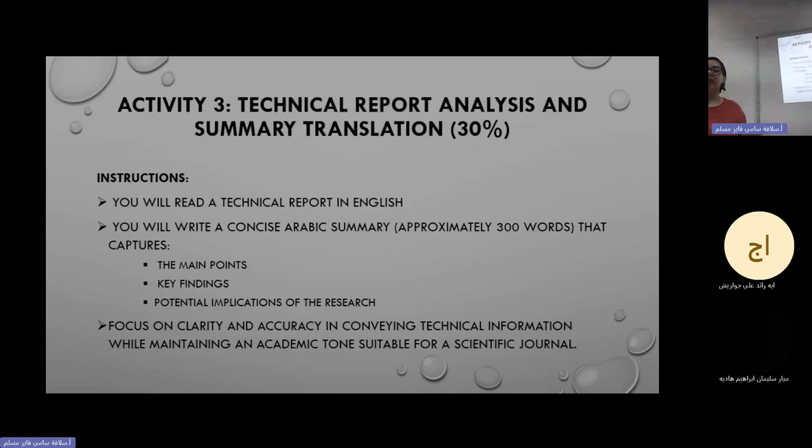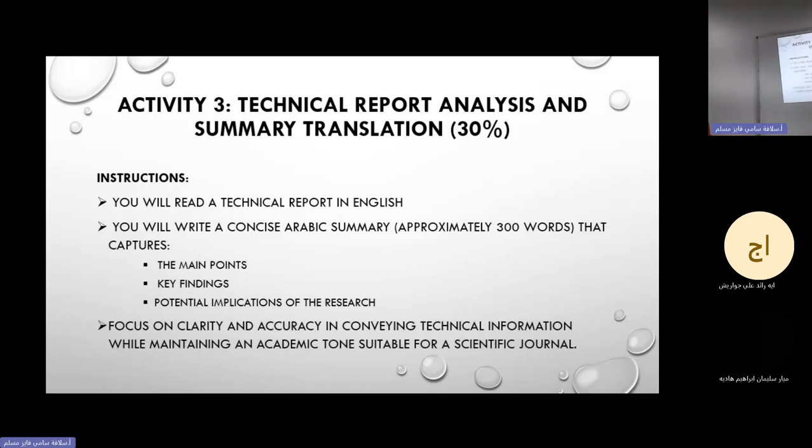The last activity that we will do in this course is technical report analysis and summary translation. And this counts also for 30% of your grade. So you will read a technical report. Okay, it's a little bit long.